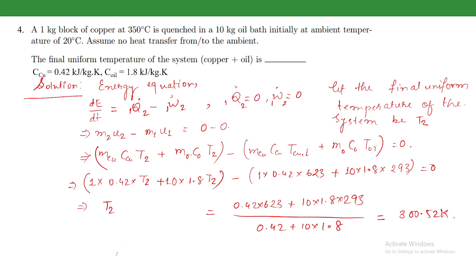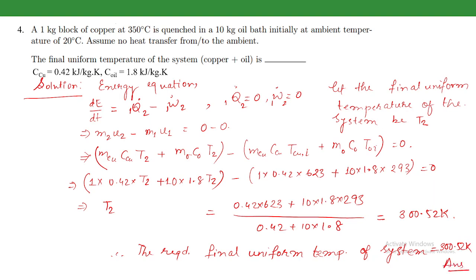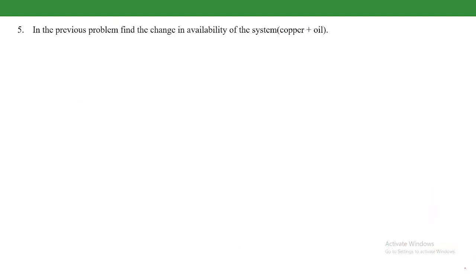Therefore the required final uniform temperature of the system is 300.52 Kelvin. So this is pretty straightforward. The data will actually be required in the next part of the problem, so let us directly move into it.